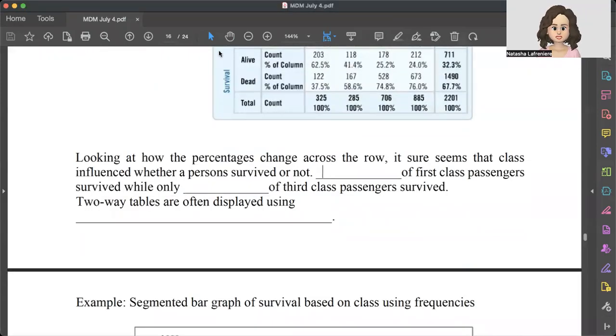This I just talked about: 62.5% of first class survived, whereas 25.2% of third class survived. Two-way tables are often displayed using segmented bar graphs.